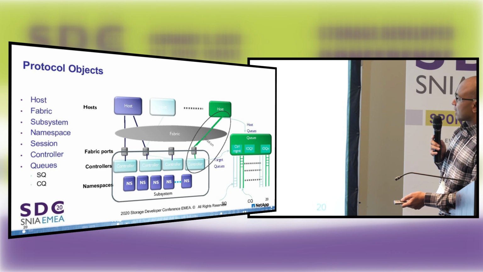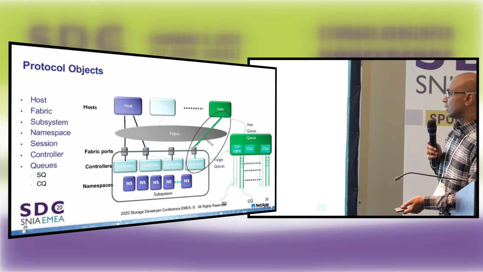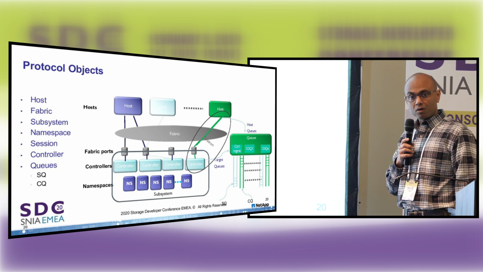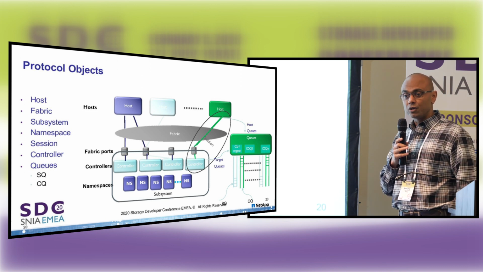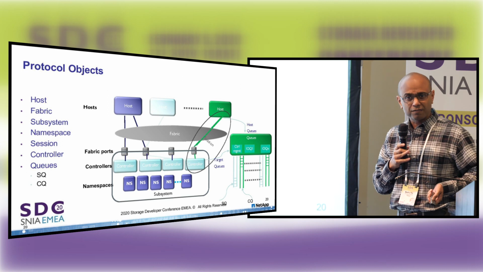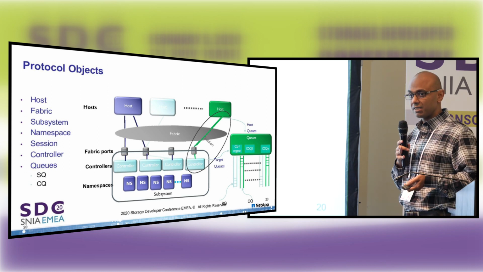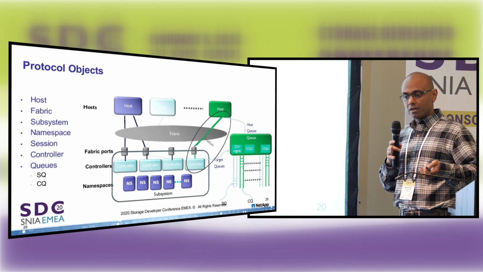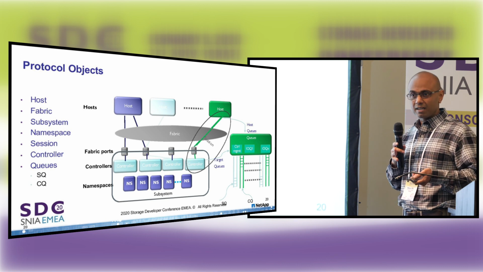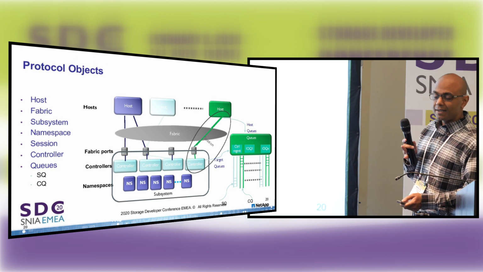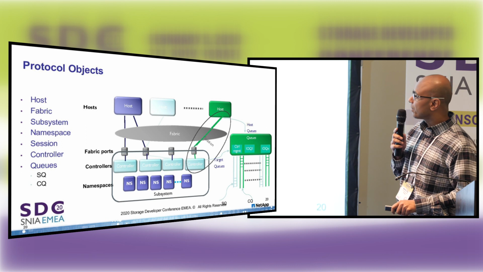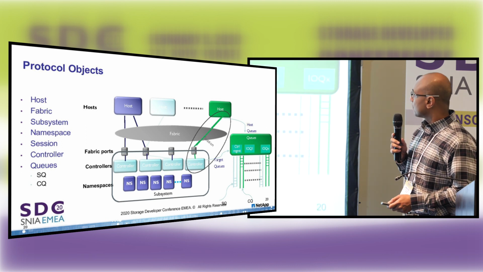When a host connects into a subsystem, which is the target, via the fabric, it establishes a controller. A controller is a protocol concept which provides a set of queues. You can visualize it as a protocol endpoint, which is very different from SCSI, which had a LUN as an endpoint, or an ITLN, I guess. And the controller has a bunch of queues.